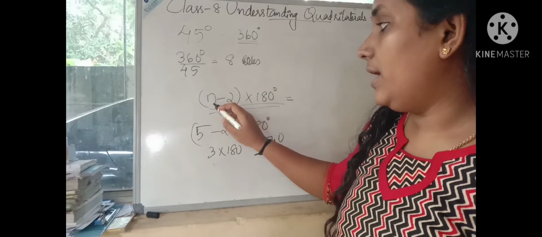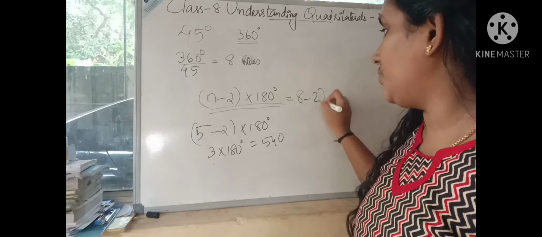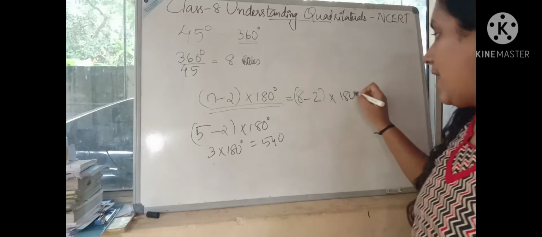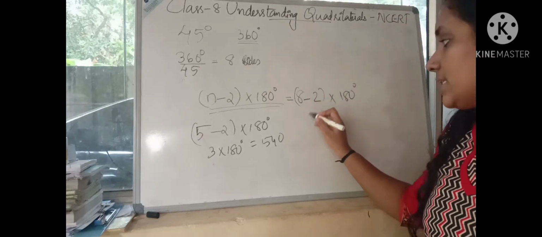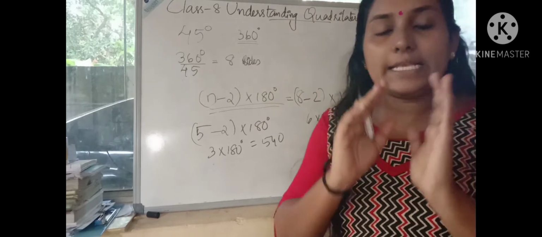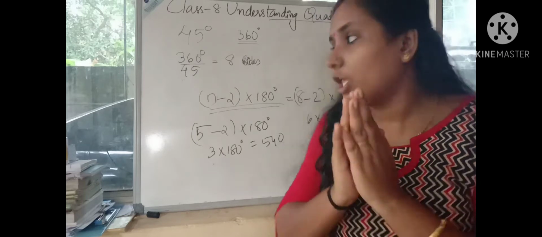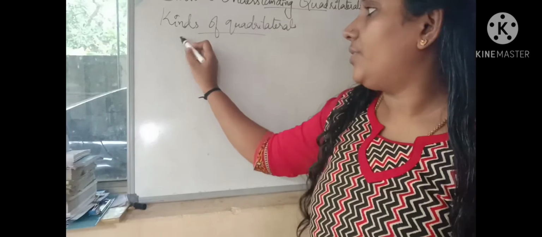So in place of n, we write 8 minus 2. We know that 8 minus 2 is 6, into 180, which is 1080 degrees. We can easily find the interior angle of any polygon using this formula.